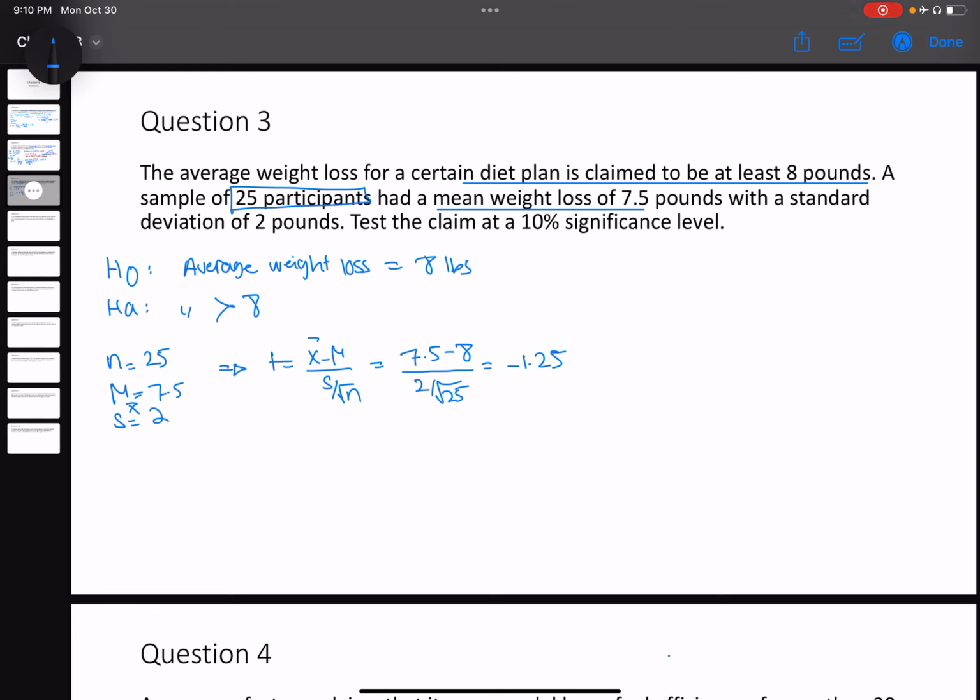If we expect to have average weight loss more than 8, the t statistic has to be less than minus t critical, and we can get the t critical for n equal 25, which means degrees of freedom is 25 minus 1 equals 24.